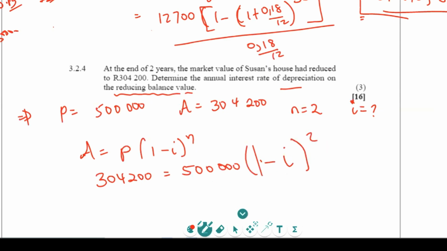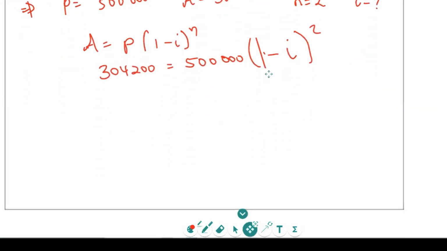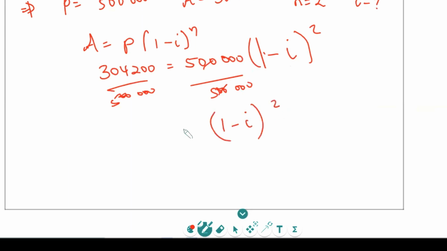And then I'll divide both sides by 500,000. So this and this cancel. I'll have 1 minus I to the exponent of 2.